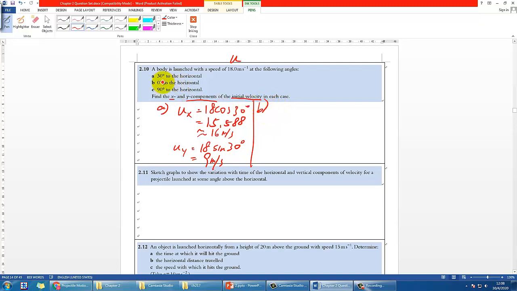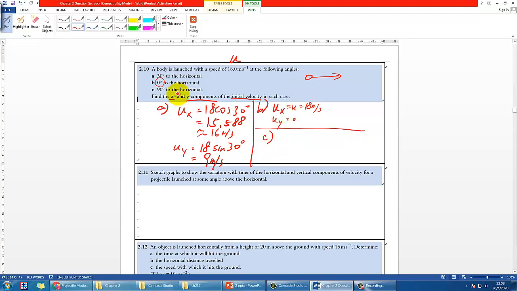So similar thing, it is in fact very boring. For when you are 0 degrees to the horizontal, in fact you can do much easier. 0 degrees to the horizontal means you are simply shooting it horizontally. So ux is simply u, which is 18 meters per second, while uy is simply 0, because vertically it has no velocity.